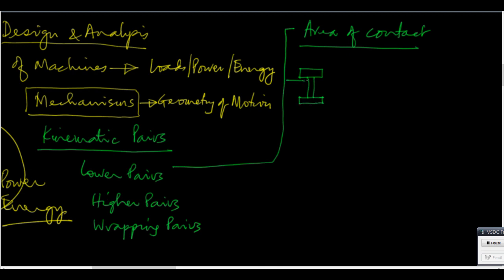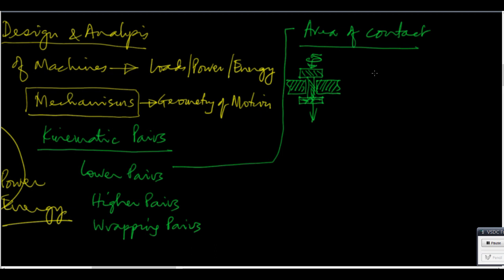If I have, I hope you understand what this picture is, but otherwise I will explain anyway. You see, this device is one, it cannot come out because of the end stops. It can rotate about this axis, right? So in a planar situation, what will happen is this kind of connection has a rotary single degree of freedom. This is a revolute pair.